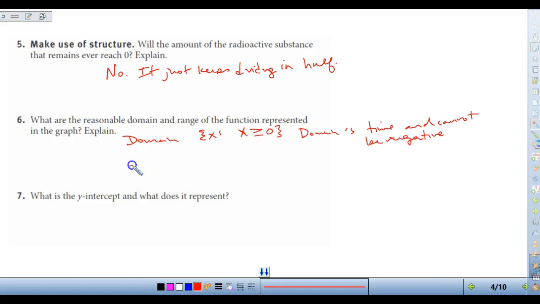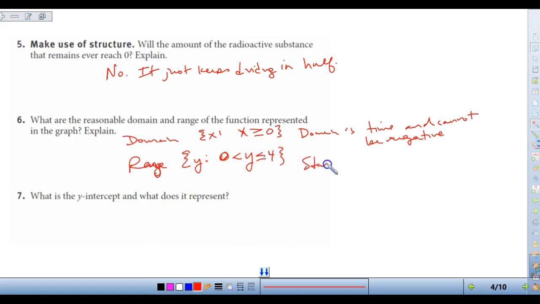And then for our range, the range is the set of all y where y, well, 0 is less than y, which is less than or equal to 4. So y never actually equals 0. So it's always greater than 0, but less than or equal to 4.